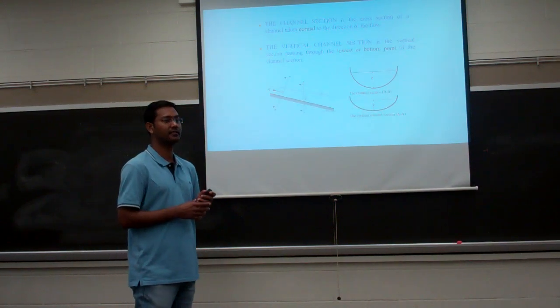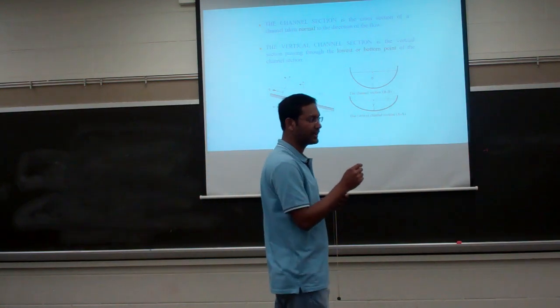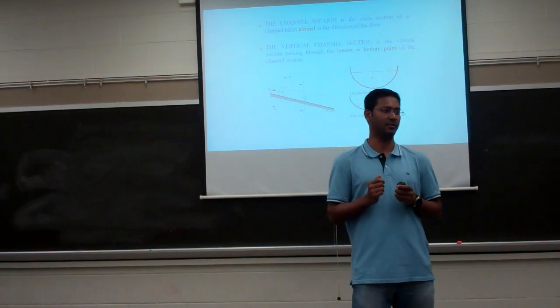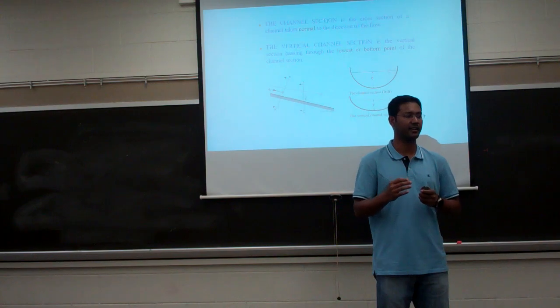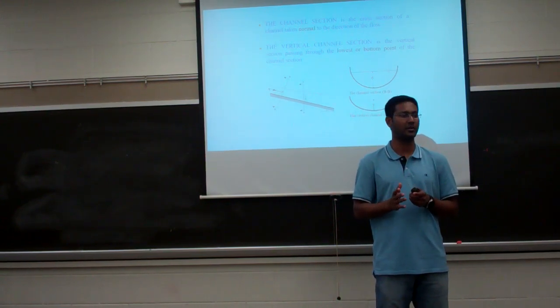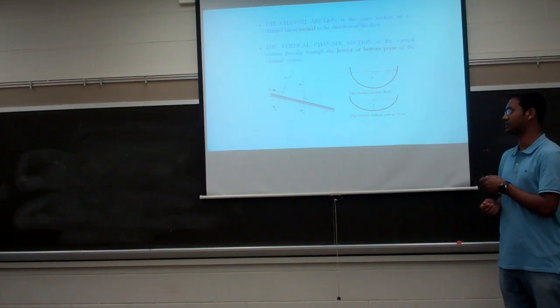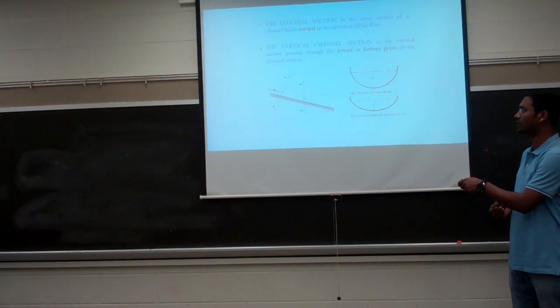So let's see the definition of a channel section. If I take any cross section which is perfectly normal to the direction of flow, if flow occurs from left to right, then we can call it a cross section. So this is the channel bottom, and flow is occurring from left to right, from higher elevation to lower elevation.